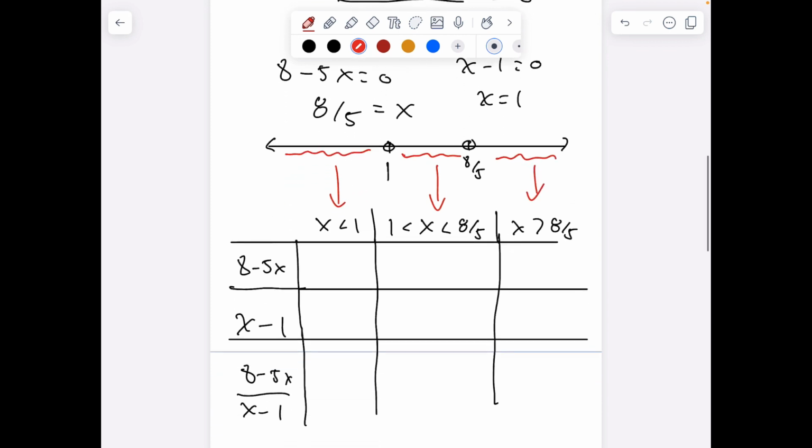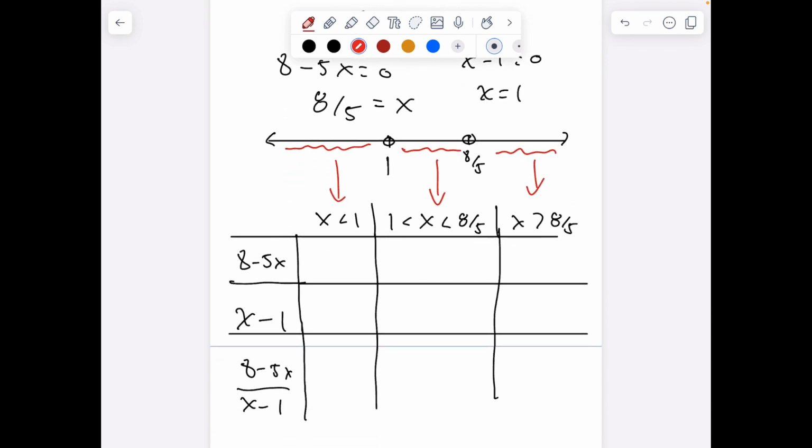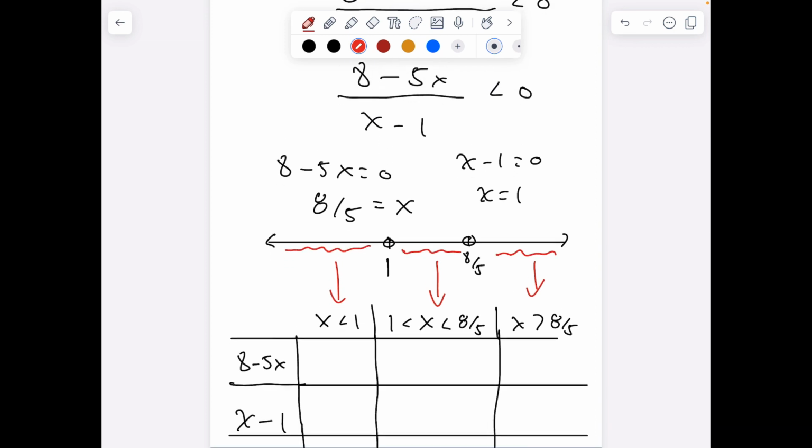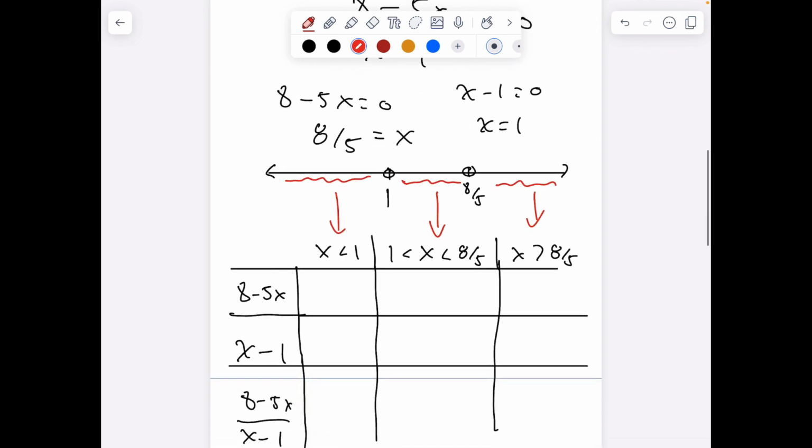And what my little chart here is going to do is take each of the terms in our expression, and in a way they're factors, and see what the sign of each of these terms is.